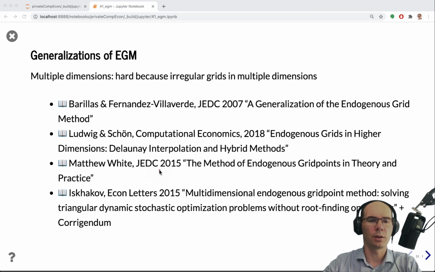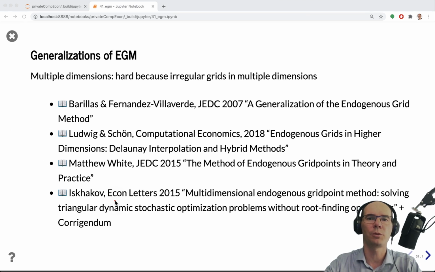But then there were a couple of papers like Matthew White's here, which developed a specific interpolation scheme that works with irregular multidimensional grids. It's better than the Delaunay triangulation, but it's still hard. And now I had a little paper trying to formulate the conditions of a problem which would be something like a multiple consumption savings problem.